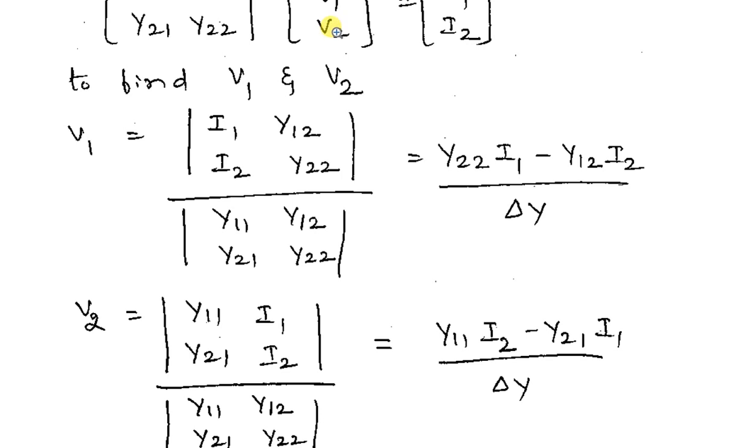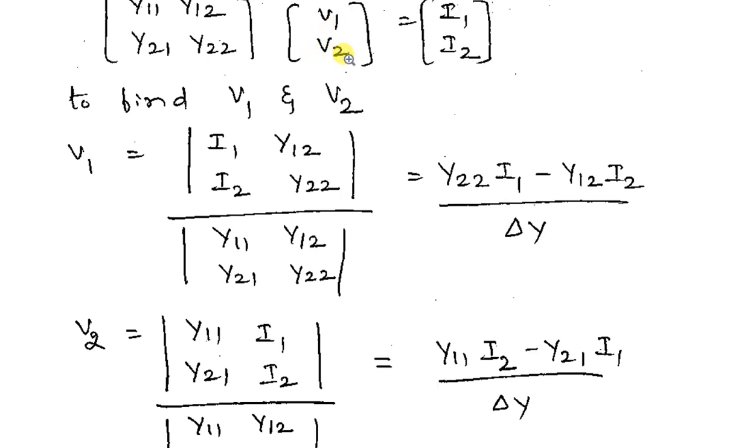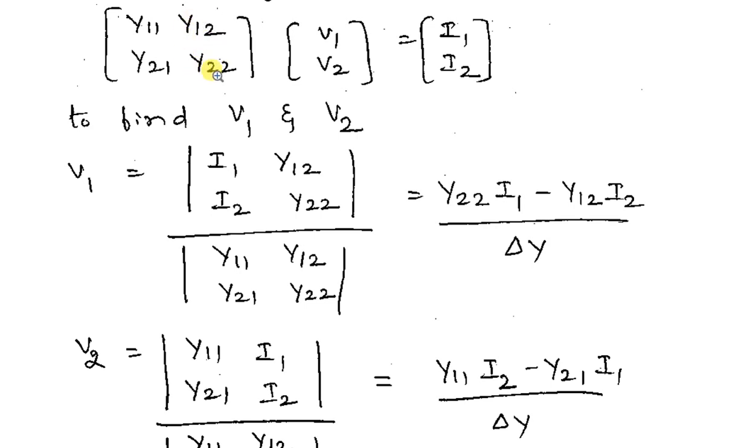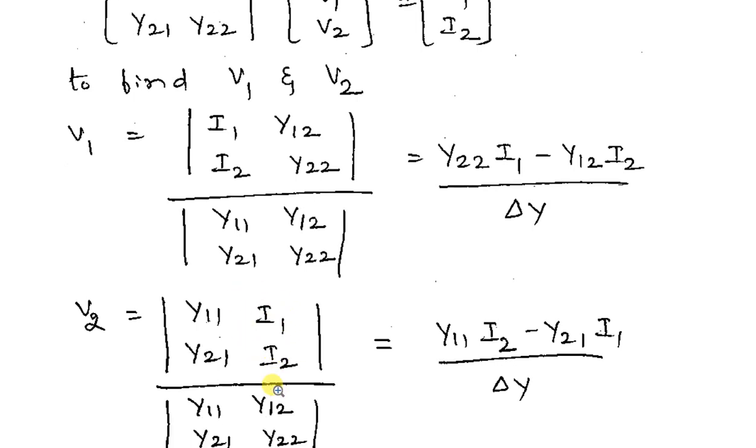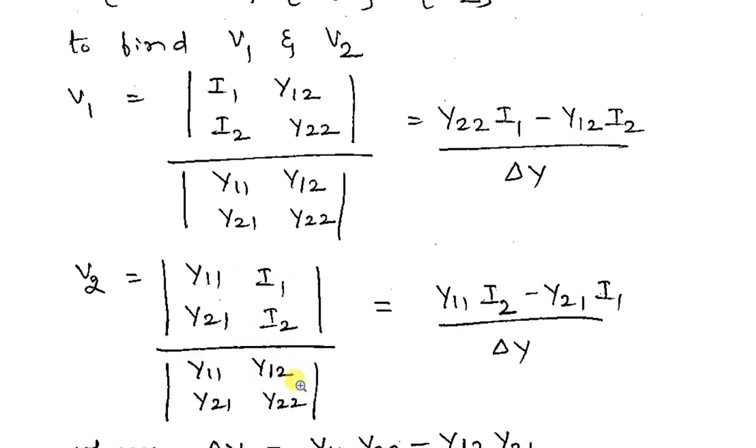Similarly, V2 is the second unknown variable you have to find out. For that, the second column y12, y22 should be replaced by the right side values I1, I2, divided by once again the original y matrix determinant. So the first column y11, y21 is retained from the original, and only the second column is replaced by the right side values I1, I2.